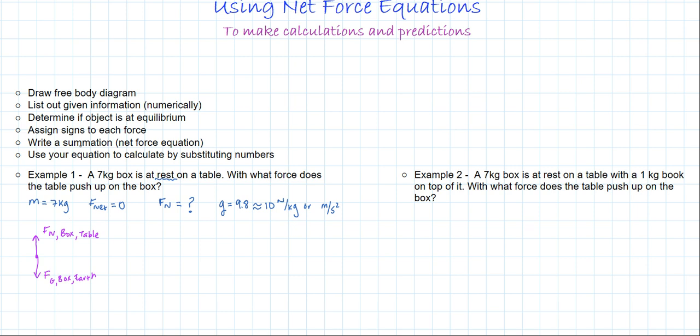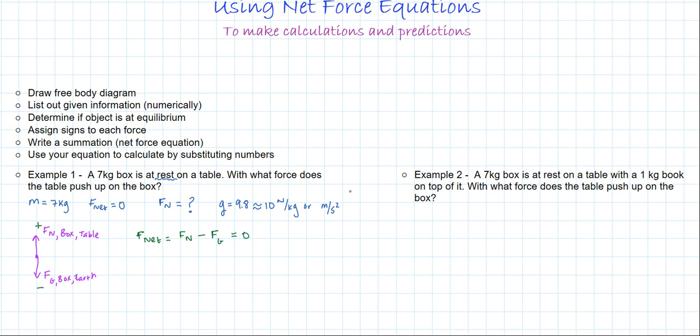Okay, at this point, I'm going to assign my signs to each force. I'm going to go with my traditional where up is positive, down is negative. Okay, I'm going to write my net force summation. So I'm going to write that my net force is equal to the normal force plus a negative gravitational force, or minus the gravitational force. And I know that has to equal 0.